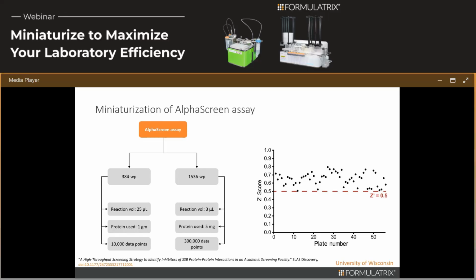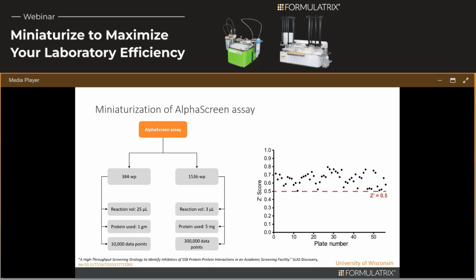Here, Mantis was used to dispense donor and acceptor beads. As can be seen, the reaction volume got reduced to 3 microliter from 25 microliter, along with the manifold reduction in the use of protein for the entire screen. Moreover, this allowed them to assay approximately 300,000 data points with an equivalent amount of reagents through miniaturization.